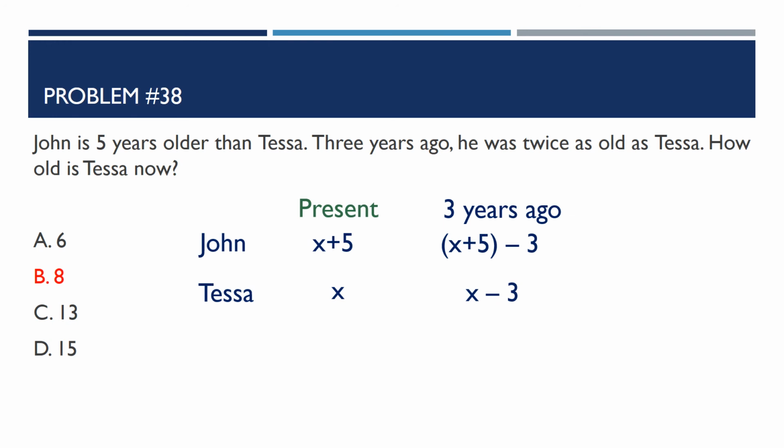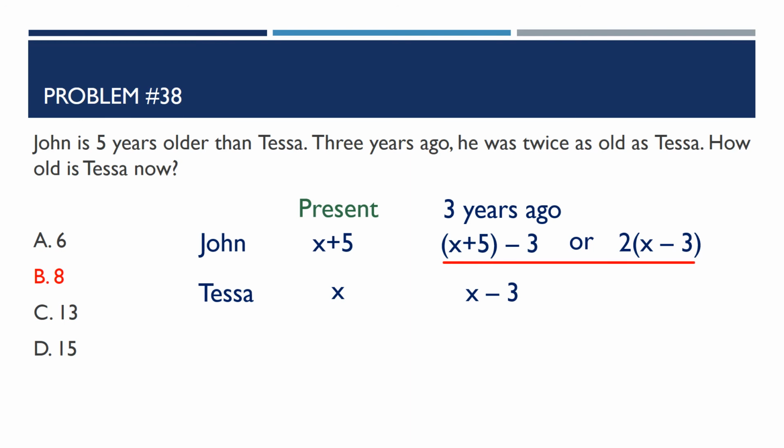And then it's also given that 3 years ago, John was twice as old as Tessa. So that means the 3 years ago age of John can also be written as twice Tessa's age 3 years ago, or 2 times x minus 3.